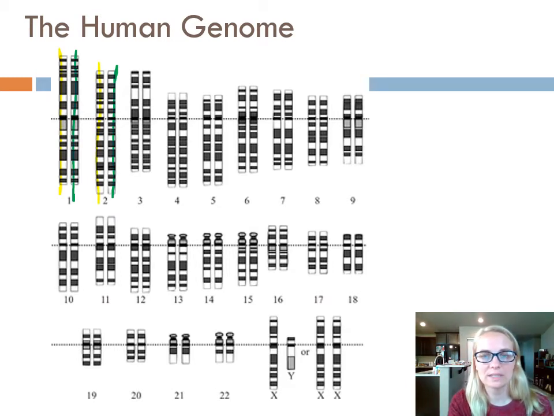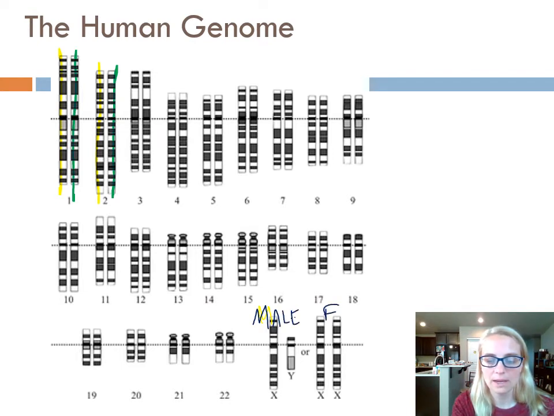And then for the sex of the individual, we have either XY, which is a male, or XX, which is a female. Since females only have X's, the X comes from mom or dad.